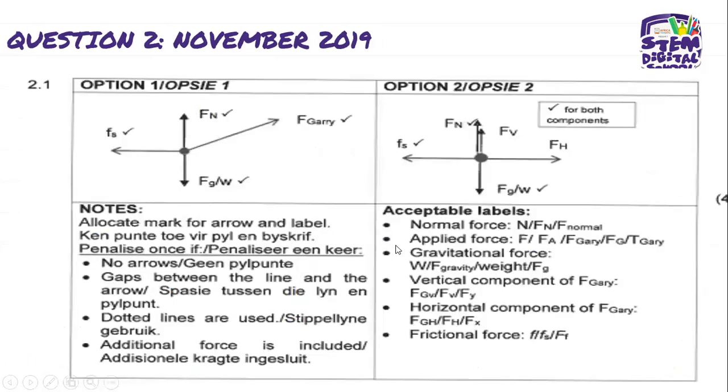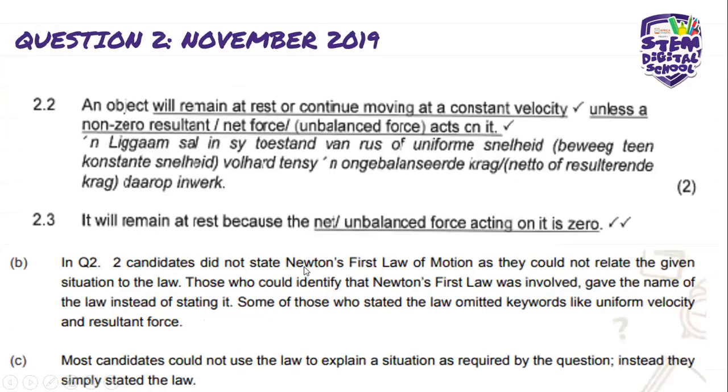Now, let us look at some of the mistakes that you as learners make. You see, in this question, most learners did not state Newton's first law of motion because they could not relate the given situation to the law. So they could not actually see that an object is remaining at rest and continues to remain at rest even after being pulled because the net force acting on it is zero.